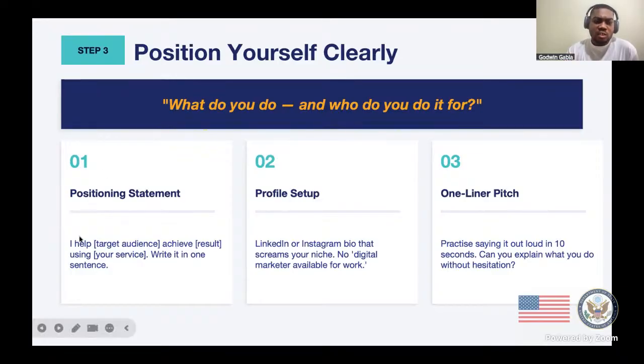So the positioning statement is usually structured this way. I help so and so people achieve so and so results using this, right? So for instance, I help real estate startups achieve a 15 to 20% increase in lead generation using CRM automation.